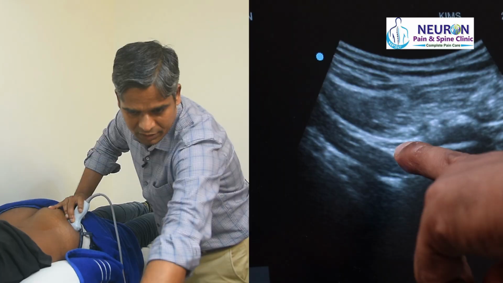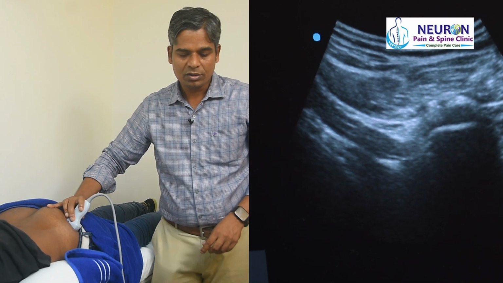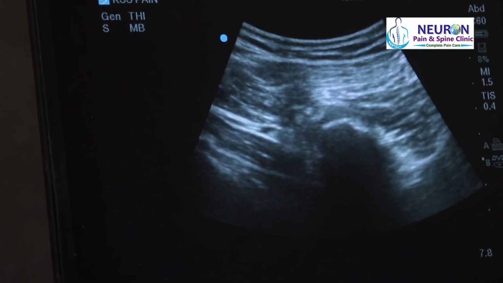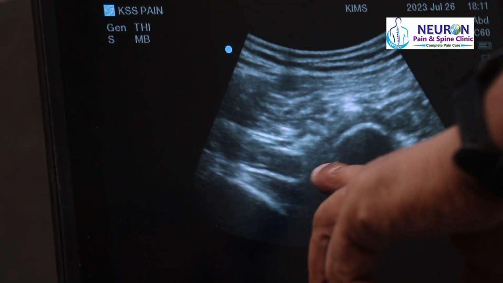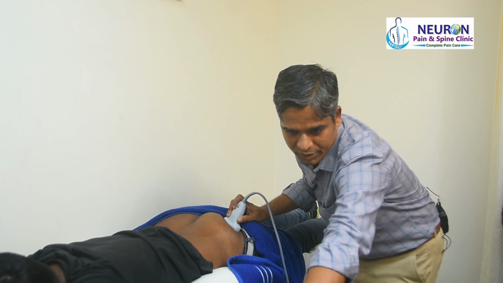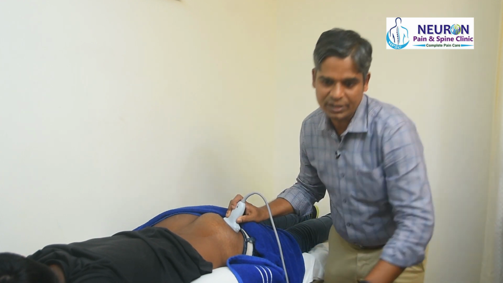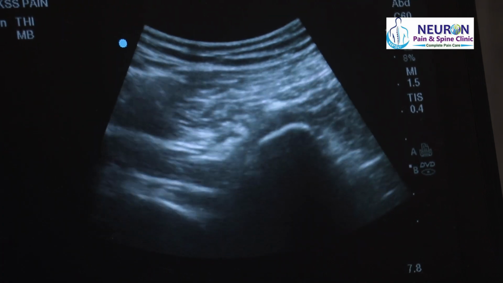That is the sciatic nerve, and just below that is your quadratus femoris muscle, the deep muscle there. Below that, the sciatic nerve. For a quadratus femoris injection, one has to go from lateral to medial and inject into that muscle. That's quadratus femoris.